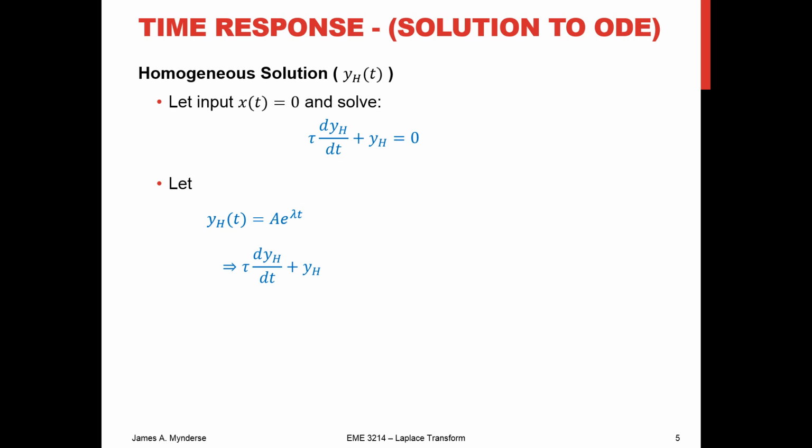And so if I substitute this in, the derivative of ae to the lambda t must be just lambda ae to the lambda t. So let's drop that in. So we get tau lambda times ae to the lambda t plus ae to the lambda t equals 0.